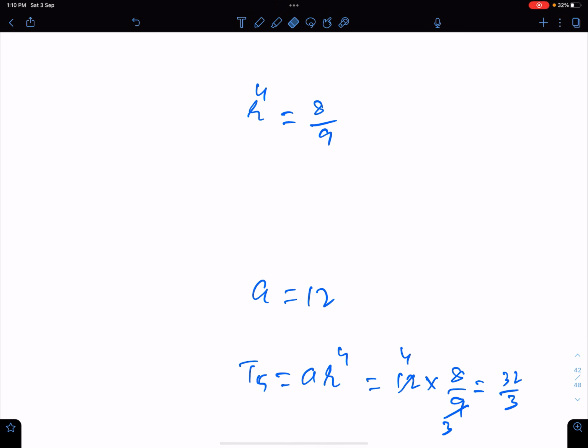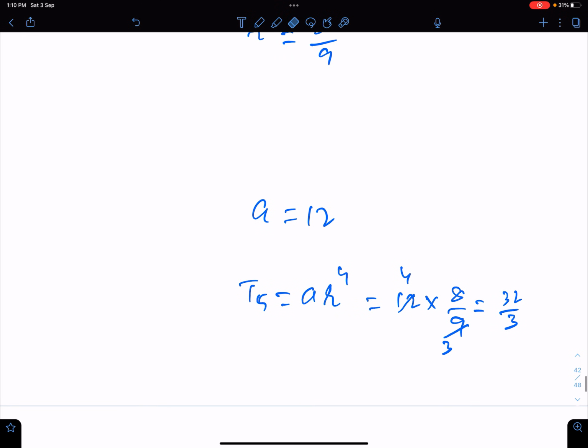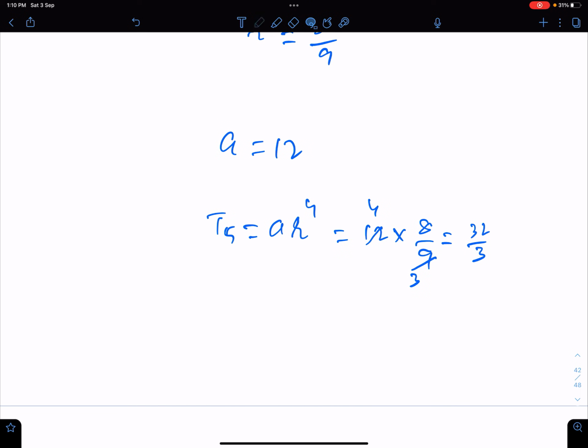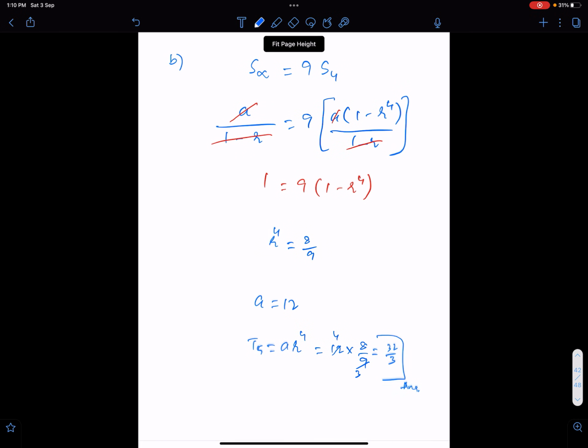You don't need to do this because you needed r to the power 4. This was 21 part B.